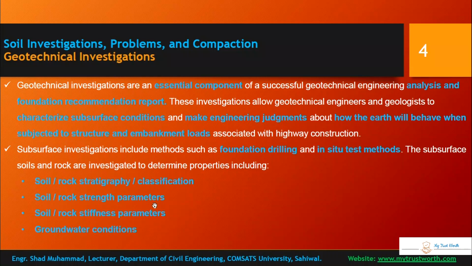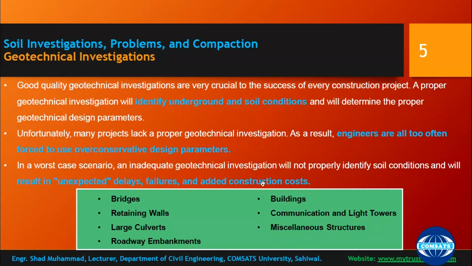Soil rock strength parameters, soil rock stiffness parameters, groundwater conditions. These are the major characteristics which are investigated by geotechnical investigations.